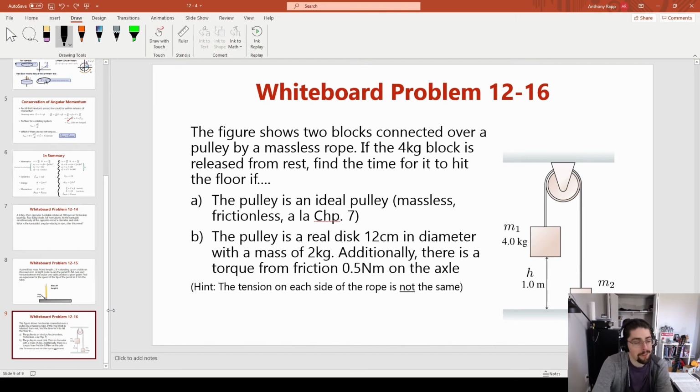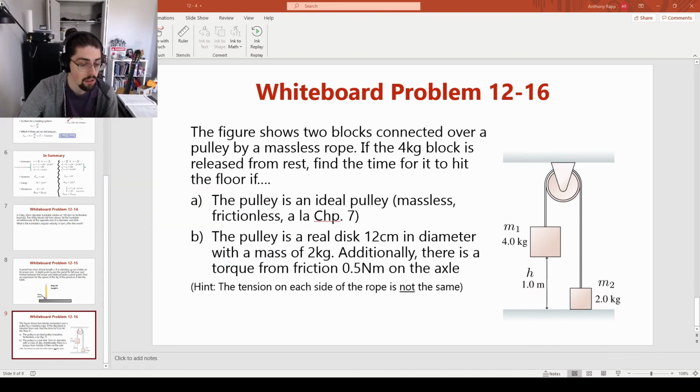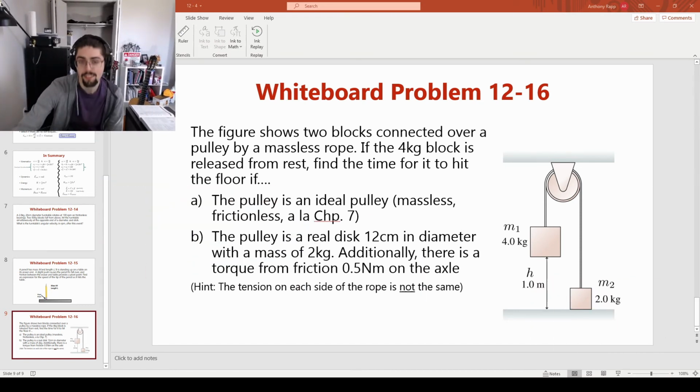there's some problems. See, first of all, the fact that it's a pulley with mass means that at the very least, there's going to be some energy lost, not lost, but somewhere other than in the blocks.